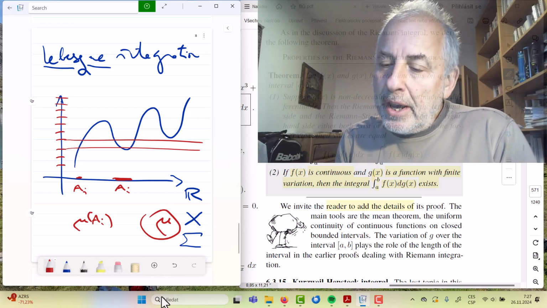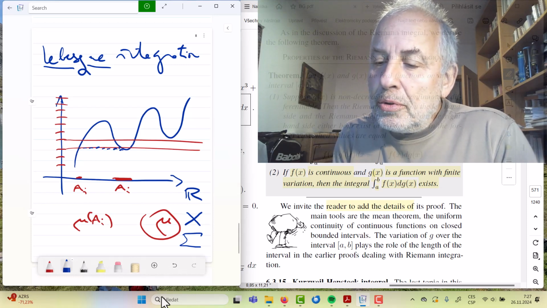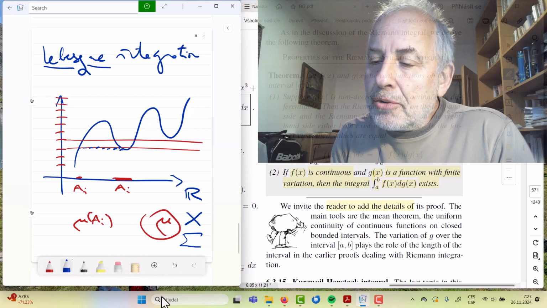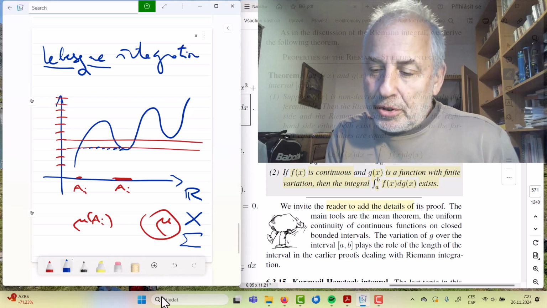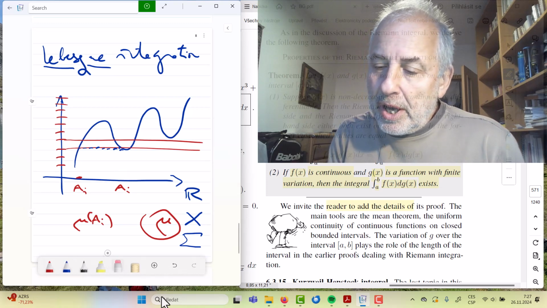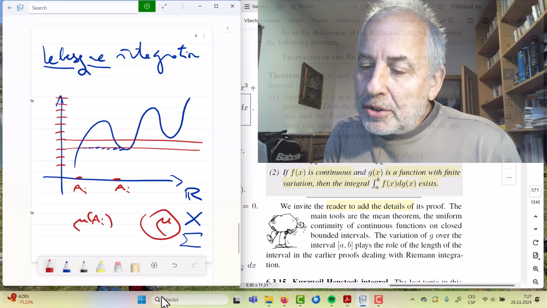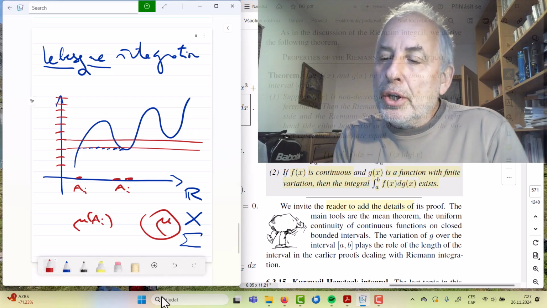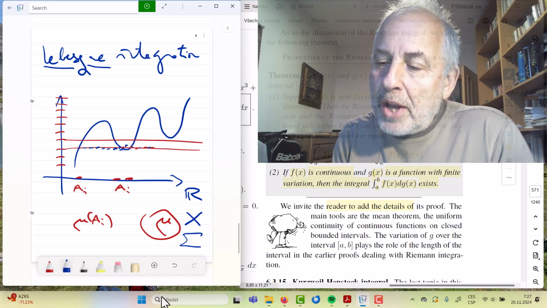And I take the lower value of the interval as the representative. Actually I drew it wrong. There are two small pieces here instead of one big one, right? So I take this lower value as the one approximating.